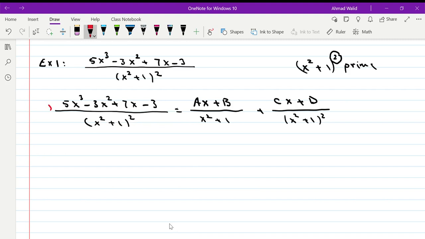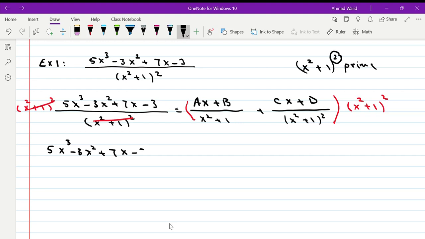Now multiply both sides with your LCM. Multiply this side with x squared plus 1 all square, and multiply this side with x squared plus 1 all square. As you see, these two cancel out. Then 5x cubed minus 3x squared plus 7x minus 3 equals, one of them cancels out with one of these, then what is left?